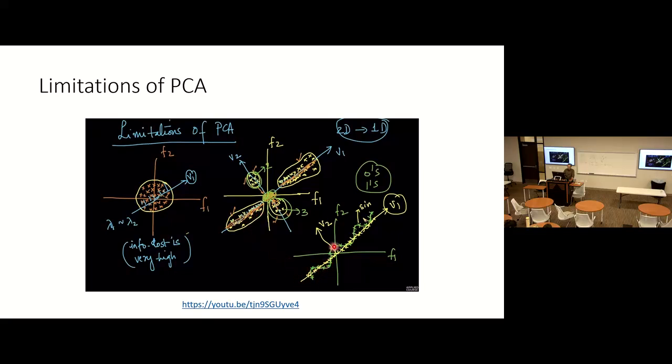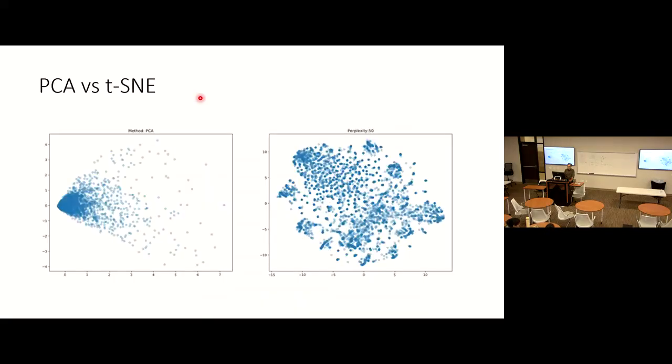Also, if you have a more intricate structure like this, there's a sine function. It will make the PCA difficult because PCA is not designed to solve these nonlinear structures of data. As I said, it only rotates your angle of observation.